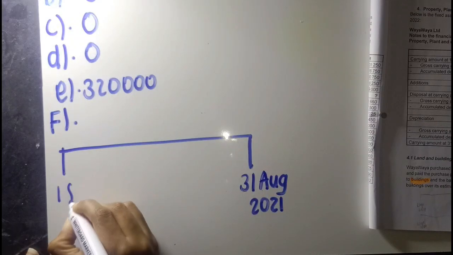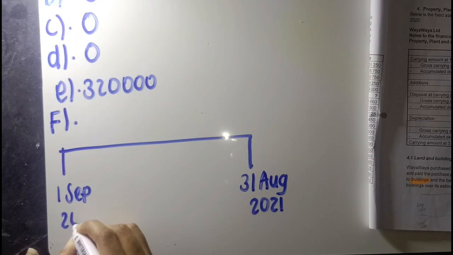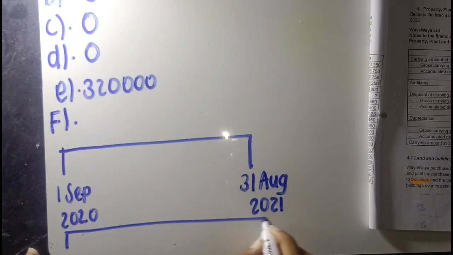And then you have 1 September 2020, and then you're obviously going to have the same thing here, but you'll have 2020 and here 2019.